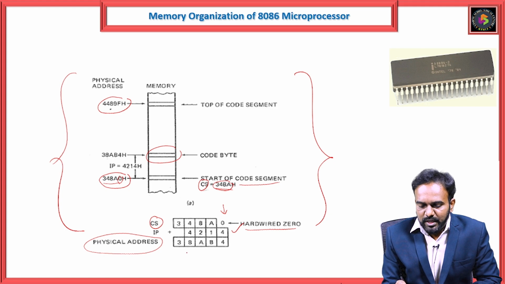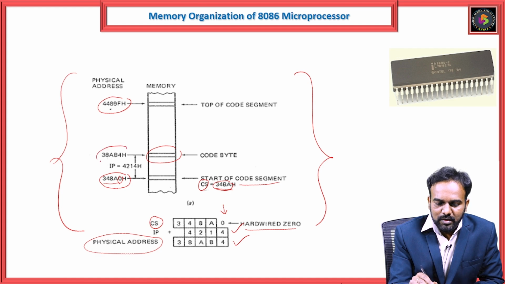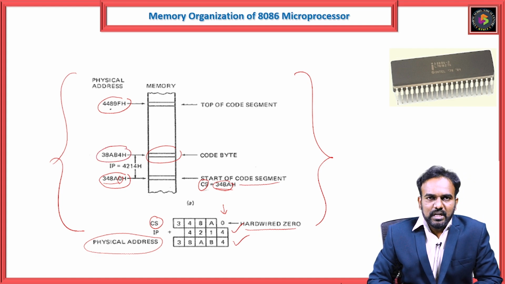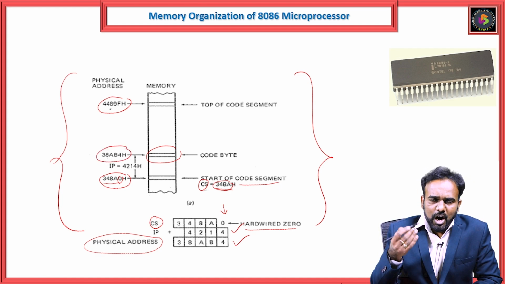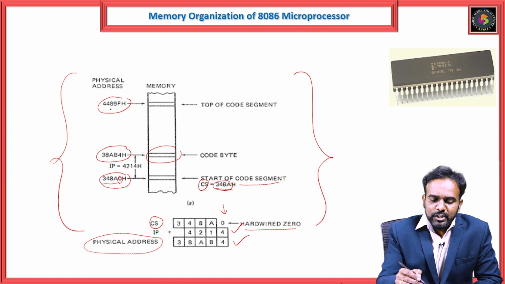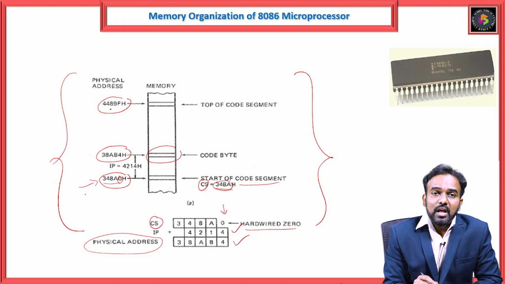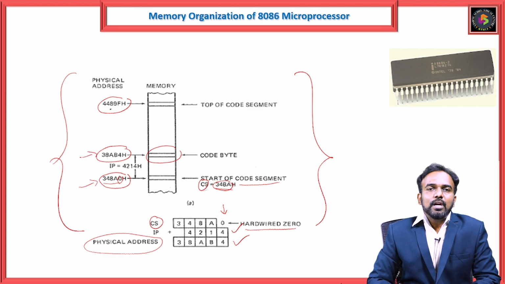38AB4 is the 20-bit physical address. This one shows our 20-bit physical address. Here the starting address we call the base address. The offset address is nothing but the distance between the starting memory location and our required memory location.